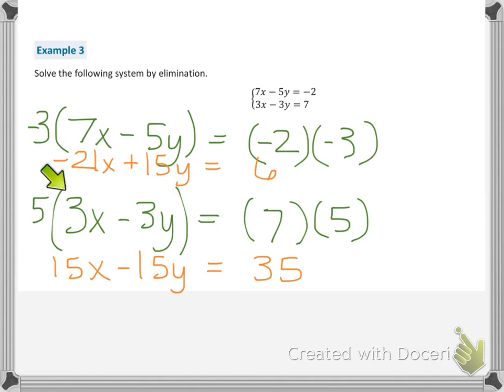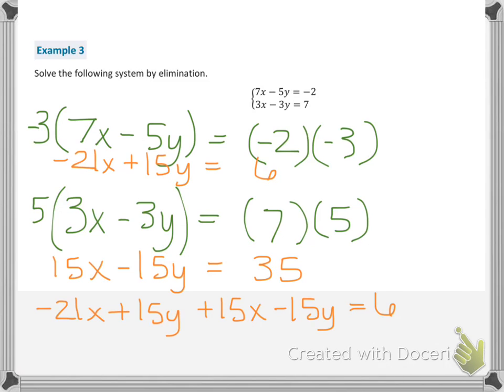So if I add these two together, I'm going to get negative 21x plus 15y, and then plus 15x minus 15y. That's going to equal 6 plus 35.